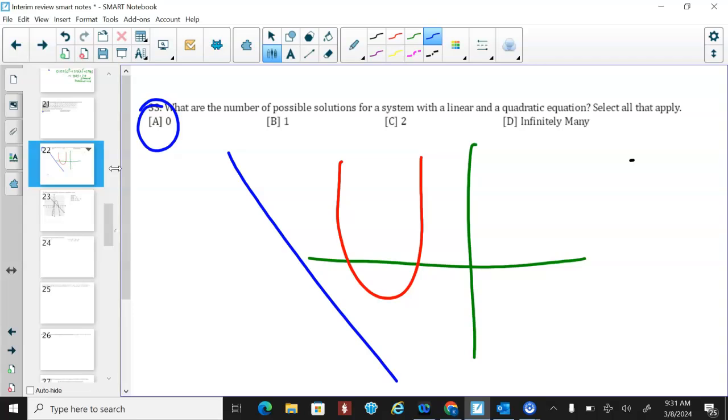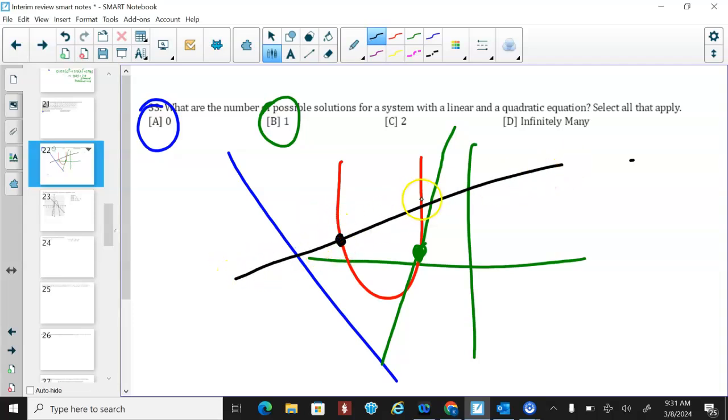You could have one where the line is touching the quadratic at one spot, so like right here, that would be one possible solution. Or you could have a linear equation that crosses the quadratic in two places, where you will have two different solutions.